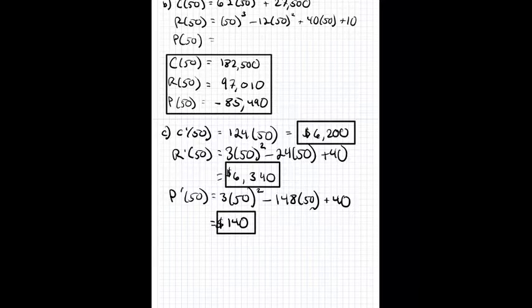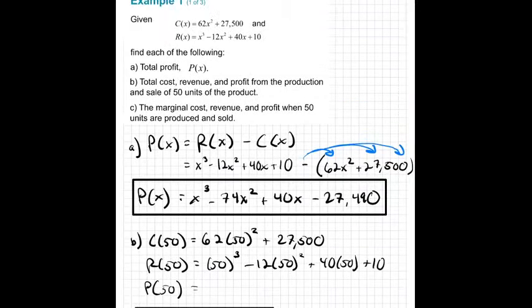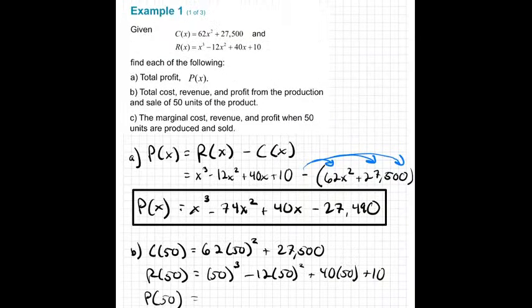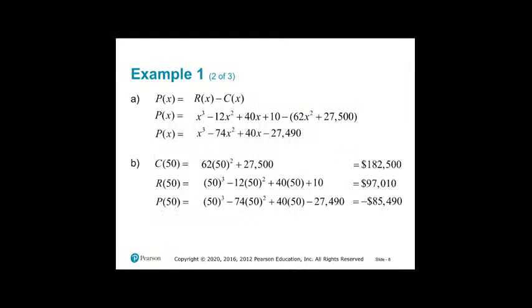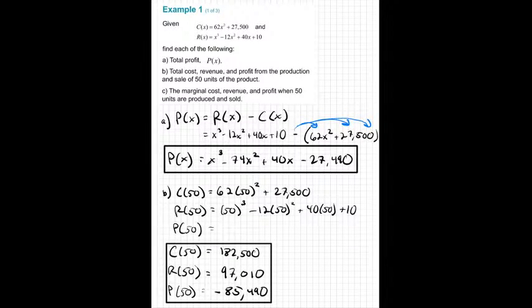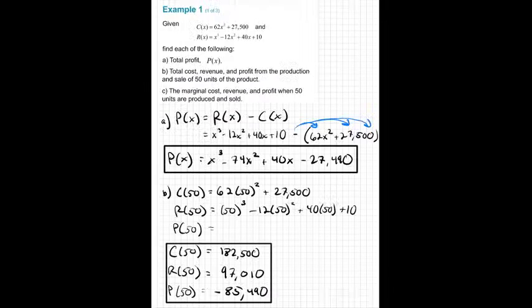Okay, so now for A, we got this long expression. 27,490, 40. Okay, I think we're okay. And then B, 85,490 in the red. Okay, so that's good.